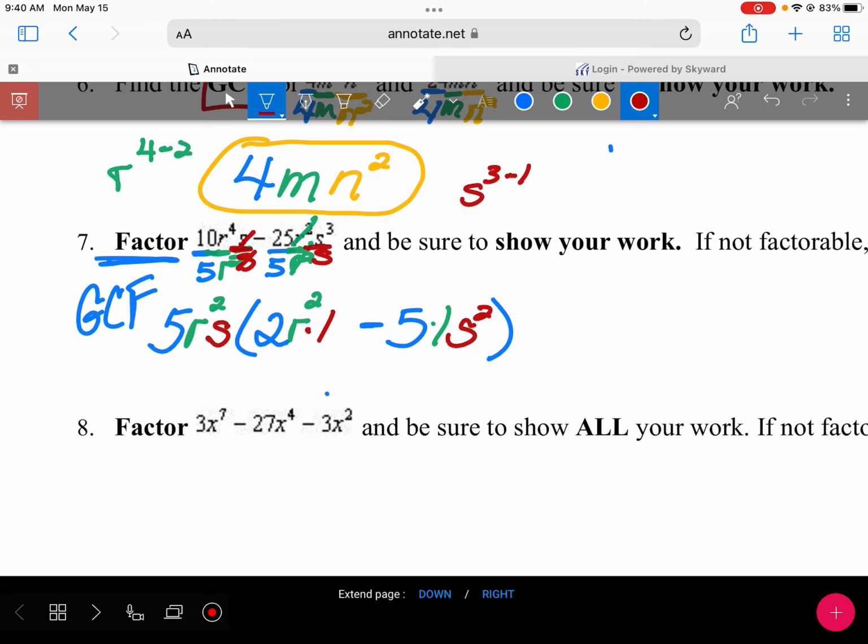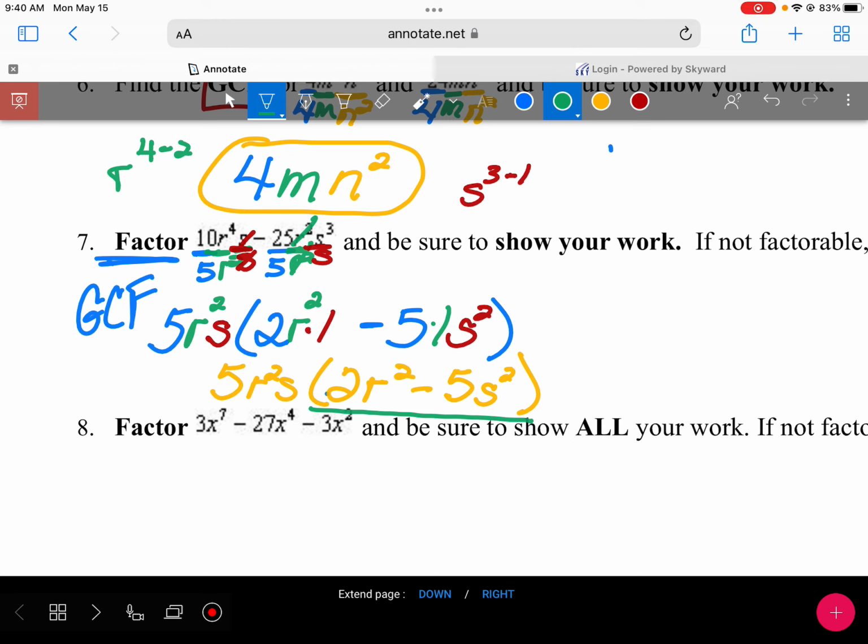So cleaning this all up would be 5R squared S times 2R squared minus 5S squared. Now, take a look at this. Is this a difference of two perfect squares?